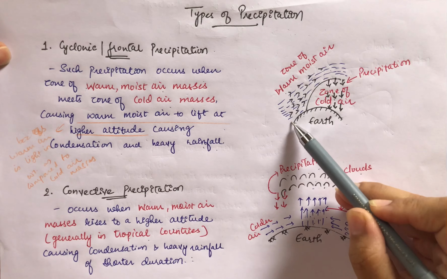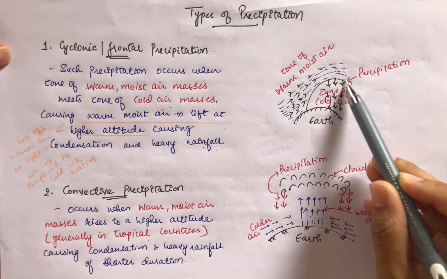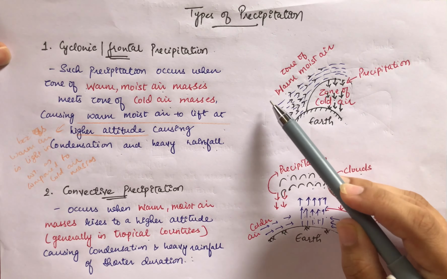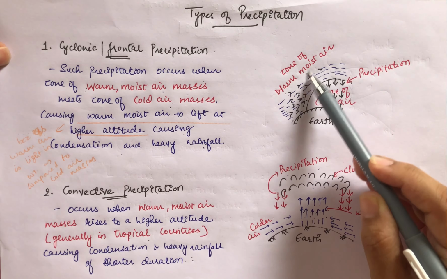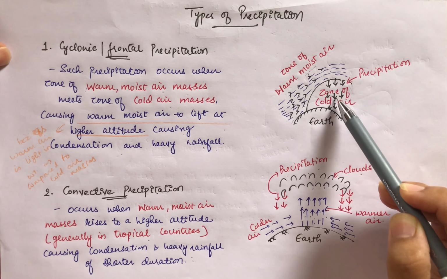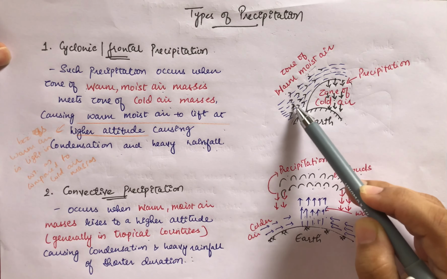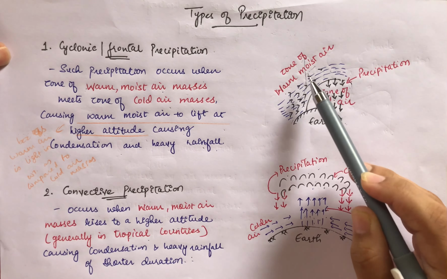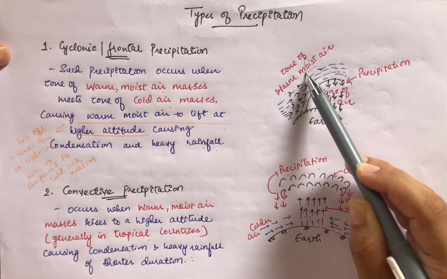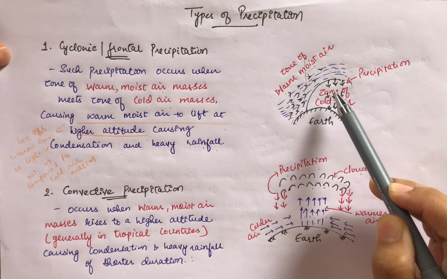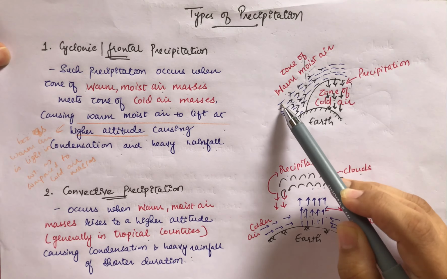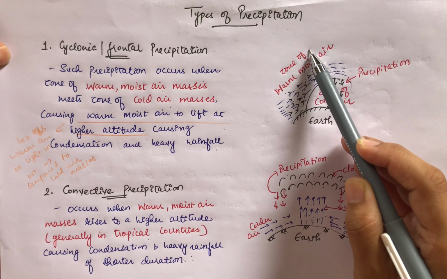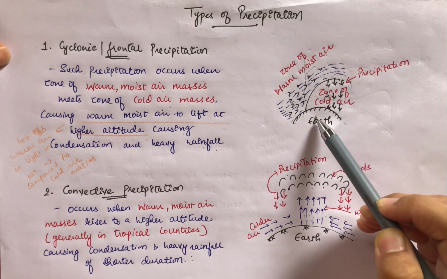So here this is the surface of the earth and this is the zone of cold air, while this is the zone of warm air. When this zone of warm moist air comes in contact with this zone of cold air, it gets uplifted to a higher altitude, of course, because the weight of this warm moist air is less than that of the cold air, and as it gets lifted to a higher altitude, it gets condensed and results in heavy rainfall.